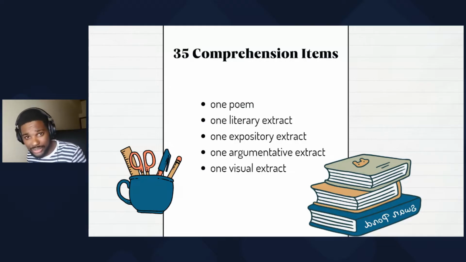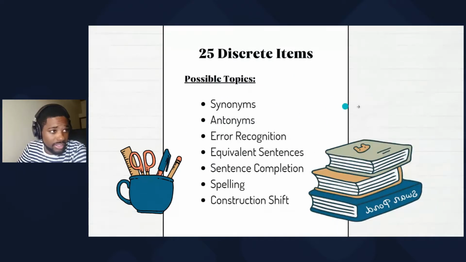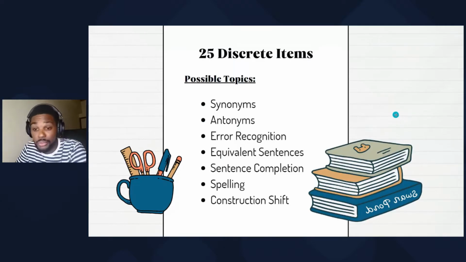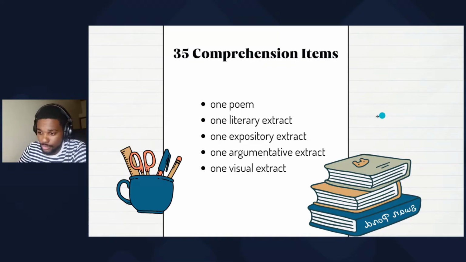The visual extract would be like an ad or some campaign thing or a brochure page, something like that. So the 35 comprehension questions will be on these types of texts, right? So we have the discrete items, 25 questions. Then we have the comprehension items, 35 questions.